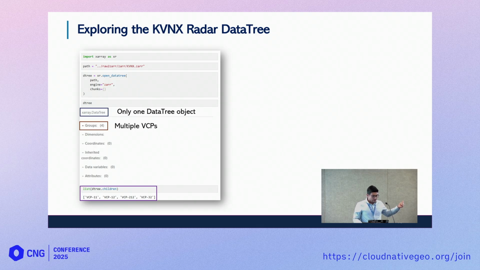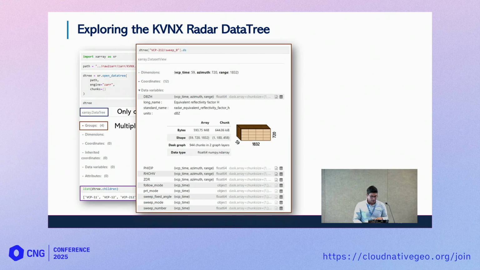We have 11, 12, and 32, which are clear air mode BCPs, and then the 212, which is the precipitation mode. If we want to access the data, we just use a simple file path. In this case, I want to go to BCP 212, to the lowest elevation angle, and it will return us a data set.